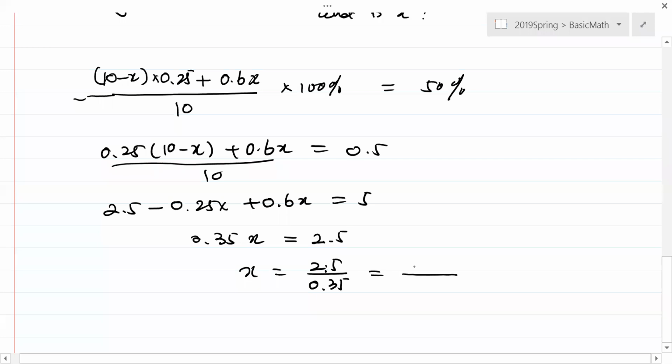You can just put a fraction here and simplify. Dividing by 5 gives 50 over 7, which is smaller than 10. X cannot be larger than 10.